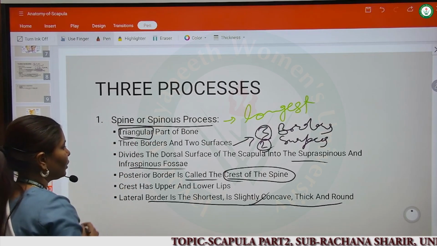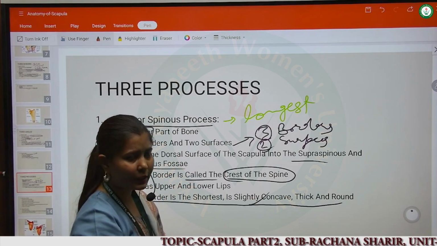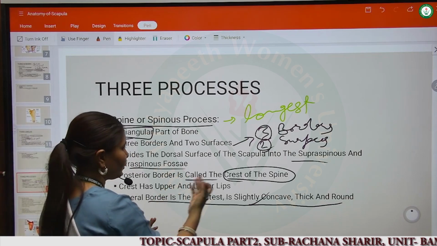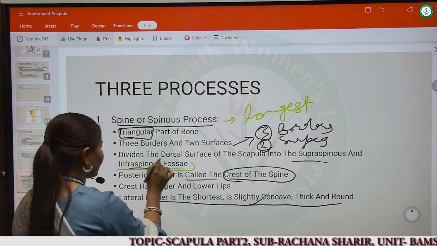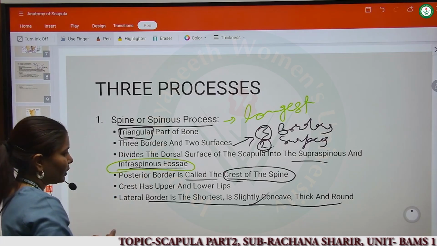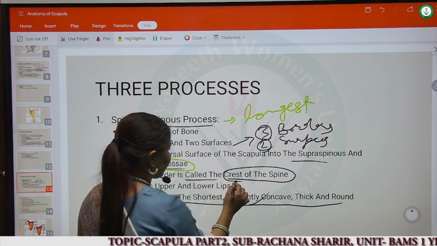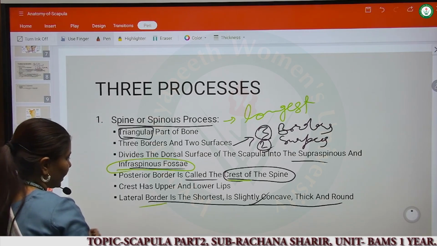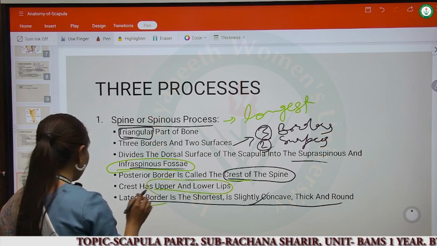It is triangular in shape and has three borders and two surfaces. It divides the dorsal surface of scapula into supraspinous and infraspinous fossa, and the posterior border is called the crest of spine, and the lateral border is shortest, and it has two lips, upper lip and lower lip.